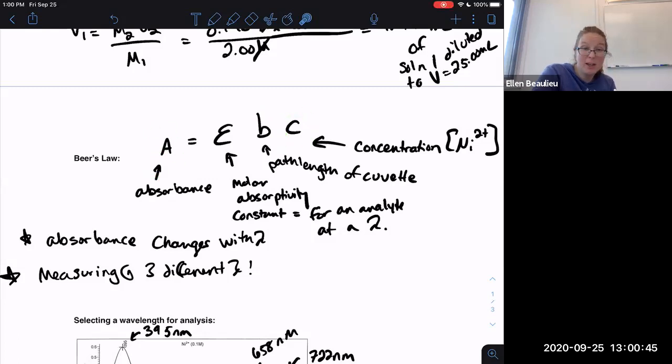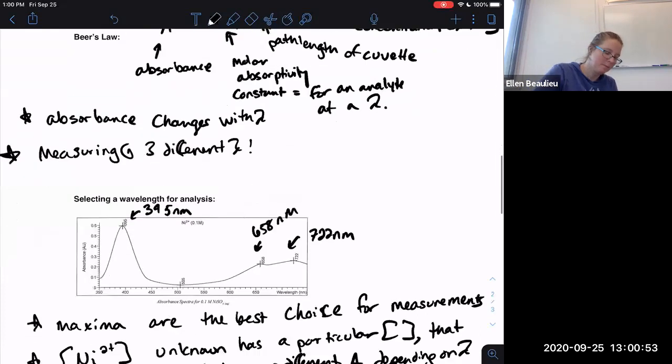So if absorbance changes, then it must be epsilon changing. So that epsilon is unique for a given wavelength of light that that substance is absorbing.